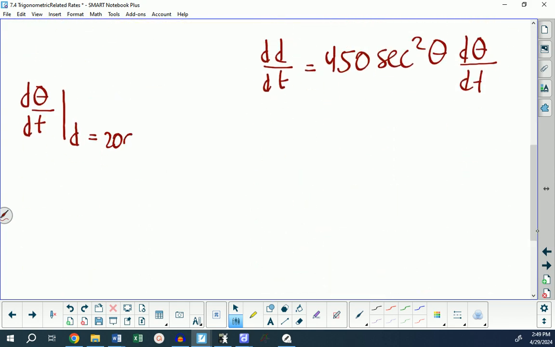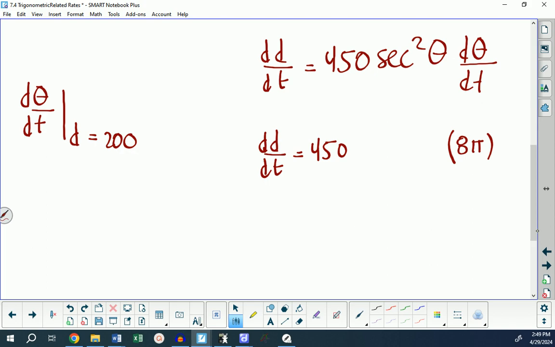So the biggest mistake is starting to do this. You go dd/dt equals 450. We're going to put 8 pi in here. And you go, oh, I need to know theta. No, you don't. And you don't want to find theta, because as soon as you find theta, you're going to be going inverse something and you're going to get decimals. We want exact values.